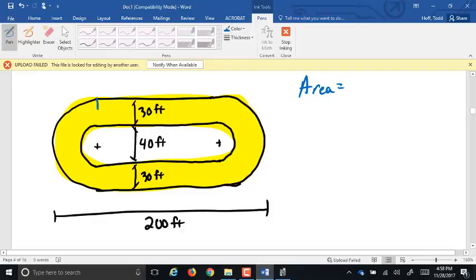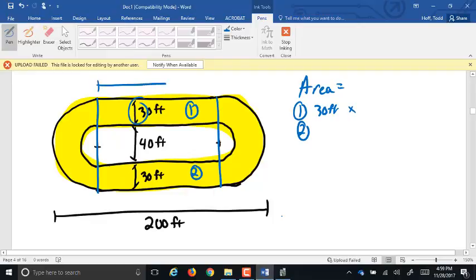So we're going to cut this across here, cut the half circles off the ends. So we have 2 rectangles here. Each rectangle is 30 feet here by, what's the length here?